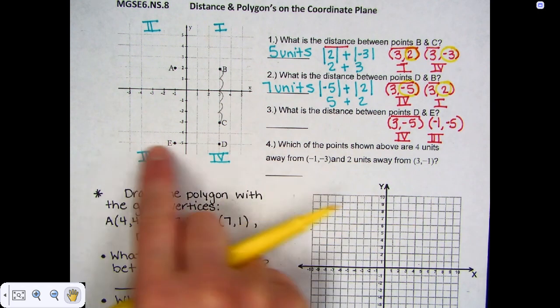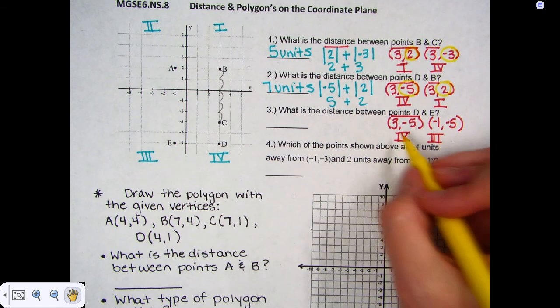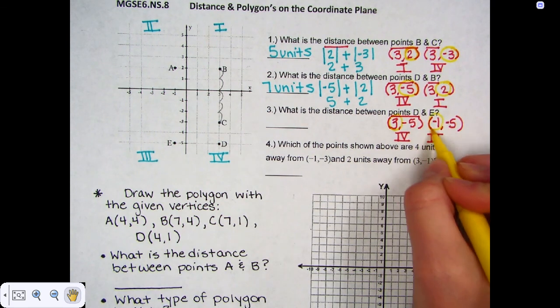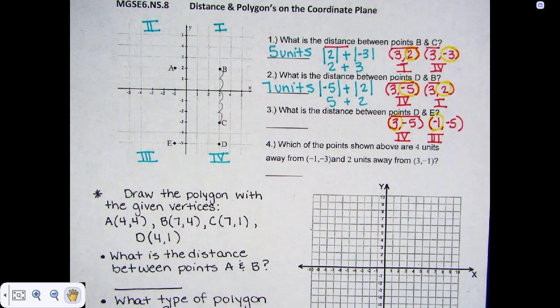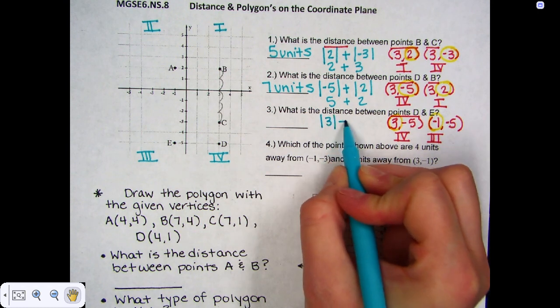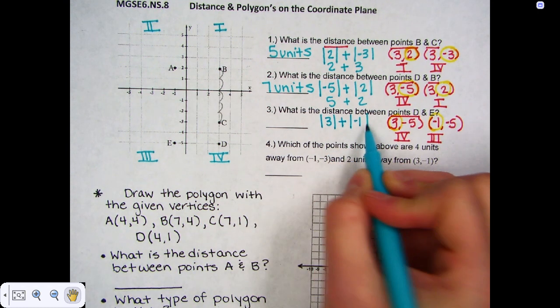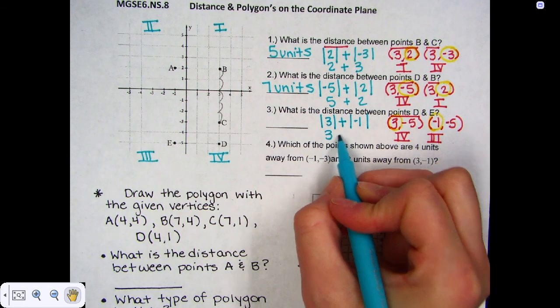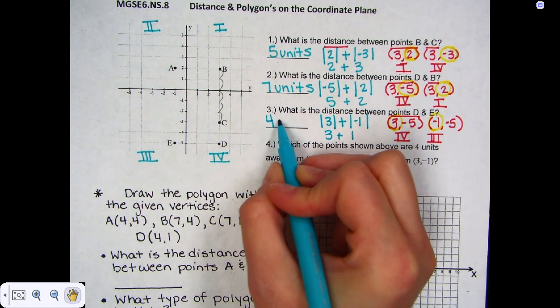And look at this. They are horizontally separated. So their x values are 3 and -1. And since they're in different quadrants again, I'm going to add their absolute values. When they are in different quadrants, you add their absolute values. And 3 plus 1 makes 4 units.